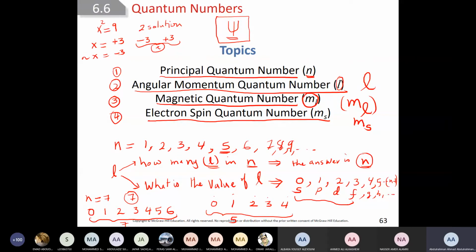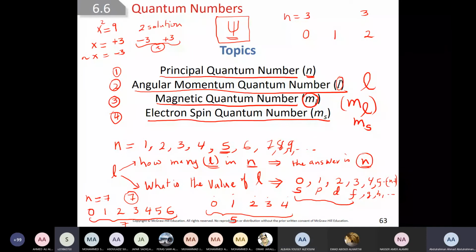So if n is equal to 3, that's a good question. N equal to 3, how many solutions do we have? 3 solutions. Good. What are these solutions? 0, 1, and 2. Instead of telling me 0, 1, 2, can you give me another name?